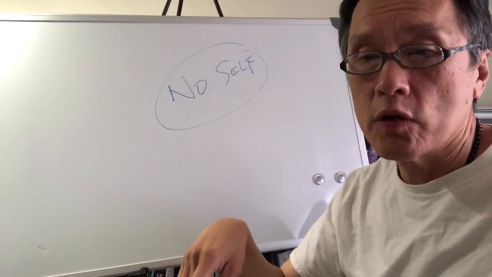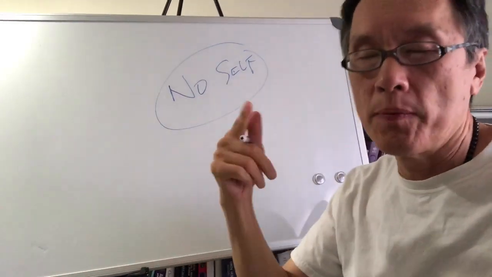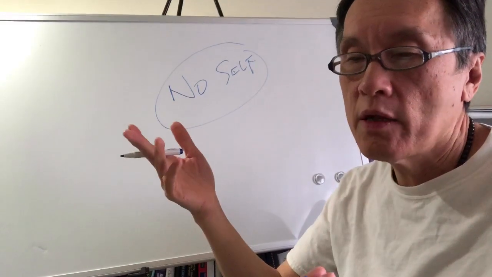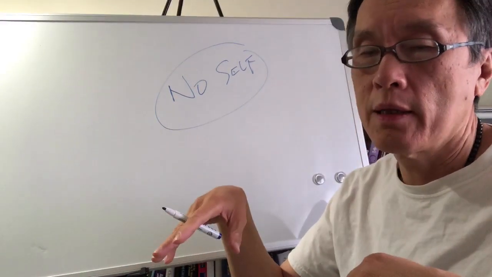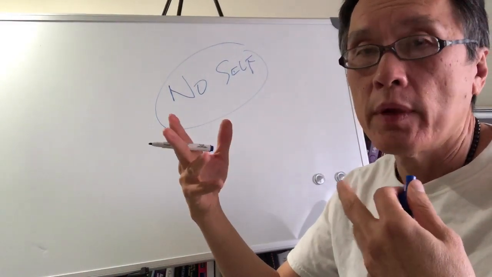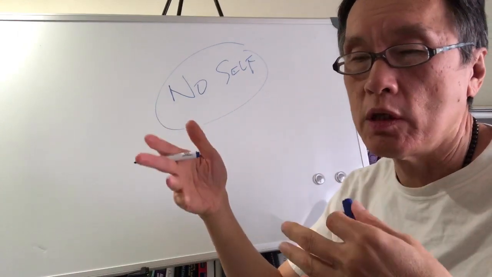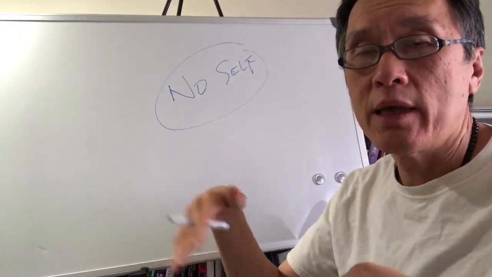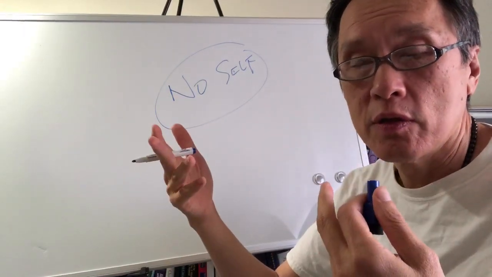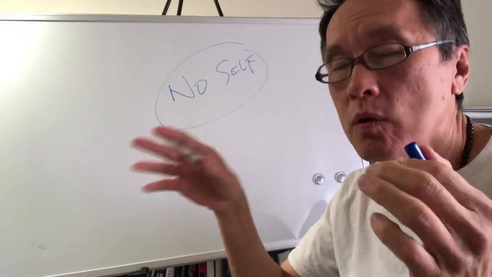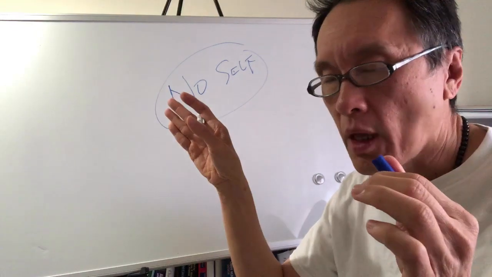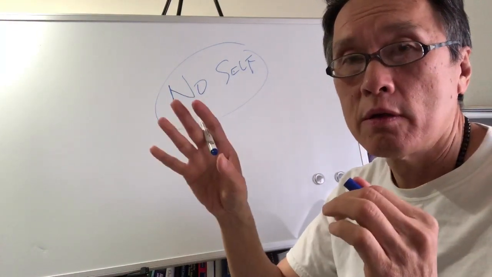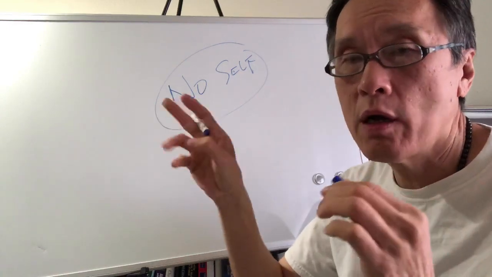So you have samatha and vipassana as the practice, and then you have this no self, and then it gets into what we usually know: the mindfulness, the wisdom, and then the compassion. So we want to use the human operating system model to understand what is going on here.